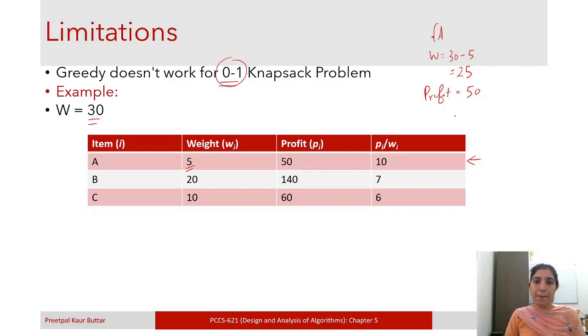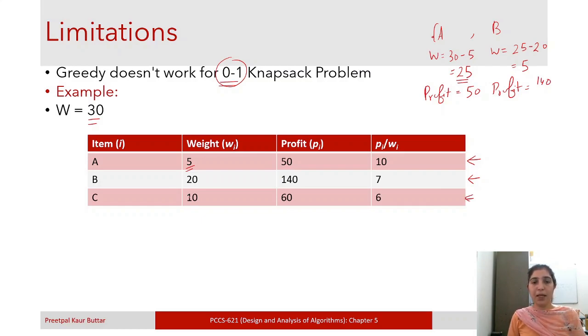The profit which we will get is 50. Then, because there is still space for weight equal to 25, we will pick item B. After picking B, what is left? 25 minus 20, 5. The weight capacity left in the knapsack is 5, and the profit which we are getting is 140. Next, can we pick item C?